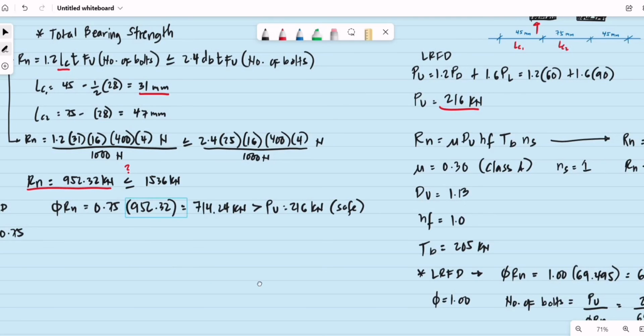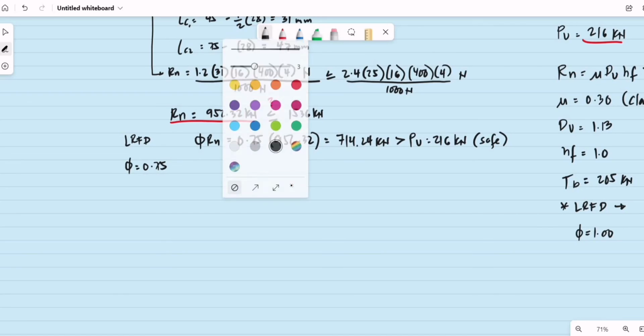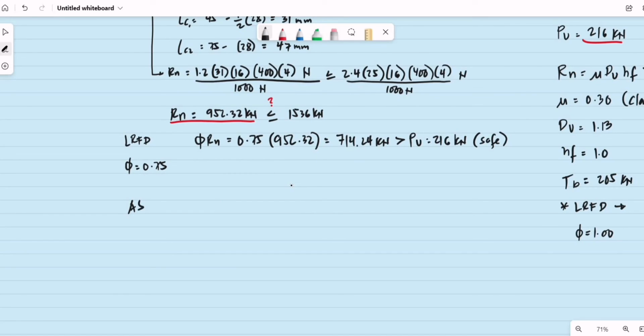So that is for the bearing strength when it comes to LRFD. But when it comes to the ASD, our factor of safety for the bearing strength is 2.00. So for the allowable value, we have Rn divided by the factor of safety.